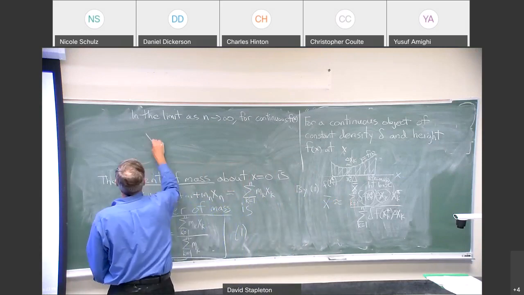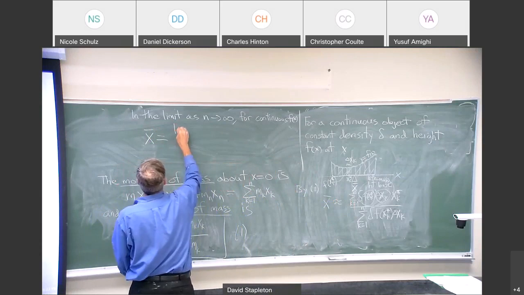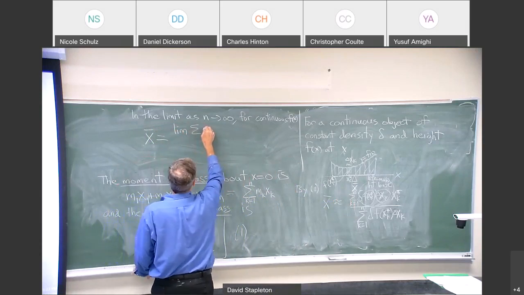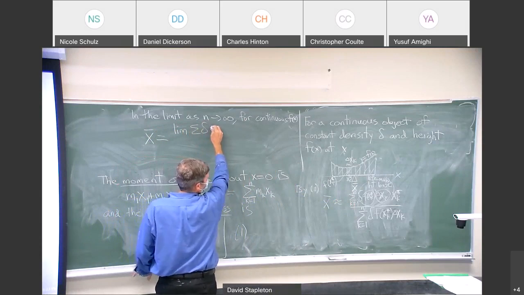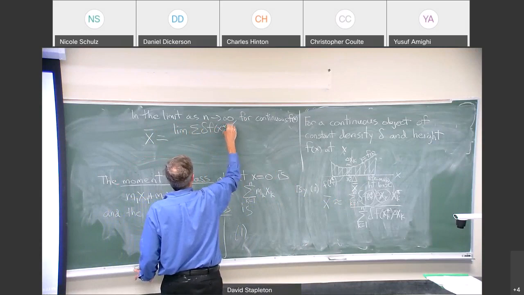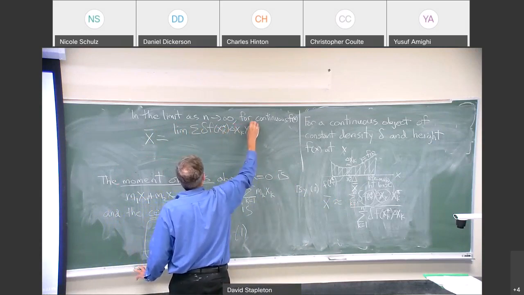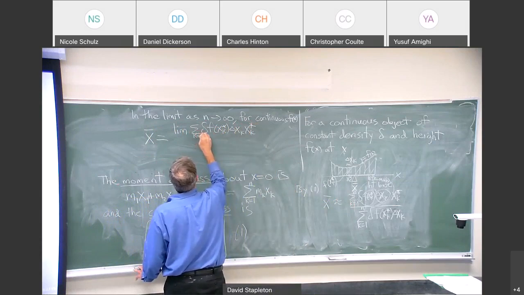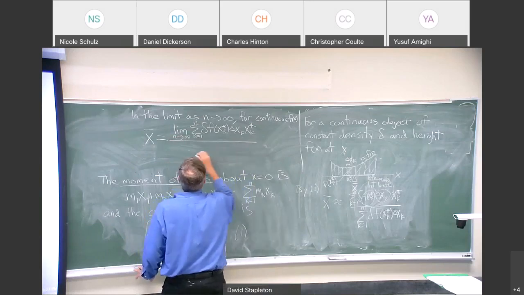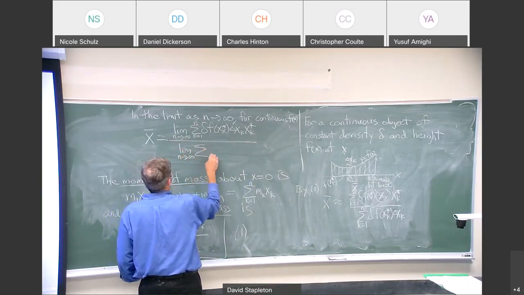What we get is that x bar equals the limit of the sum of delta times f of xk star times xk star delta xk, over the limit as n goes to infinity of everything but the xk star.